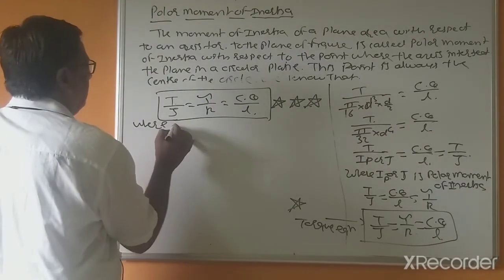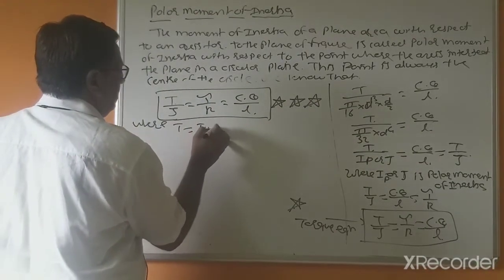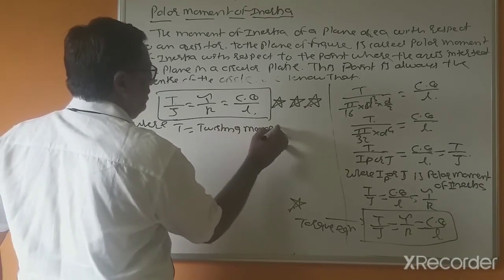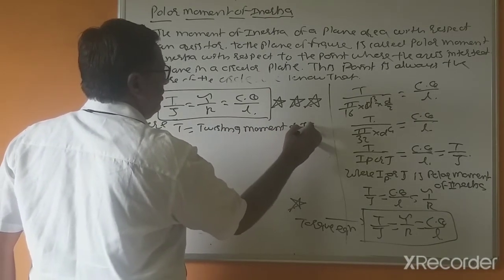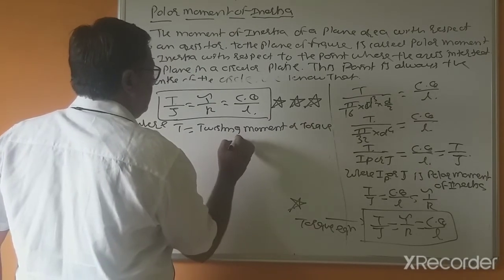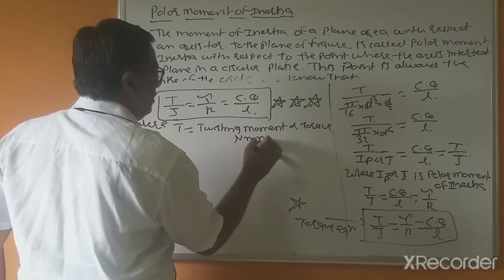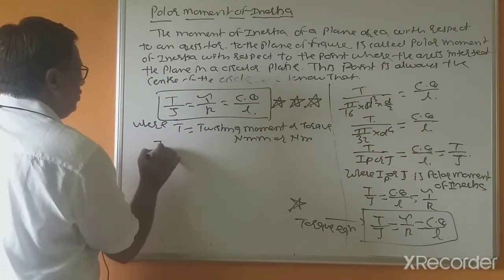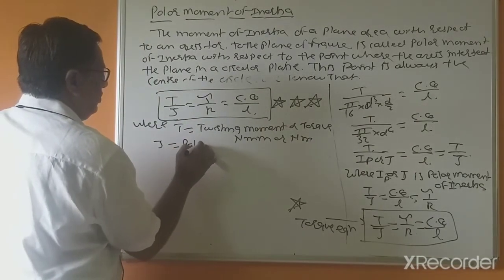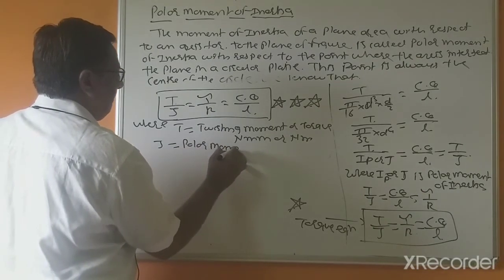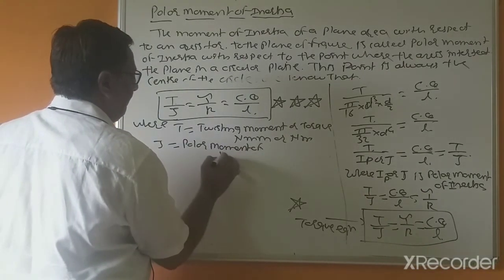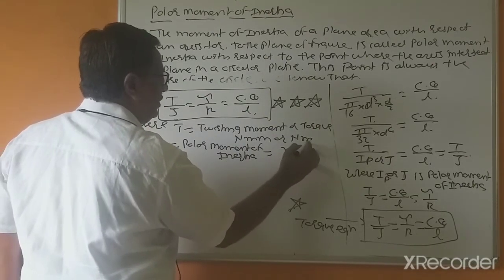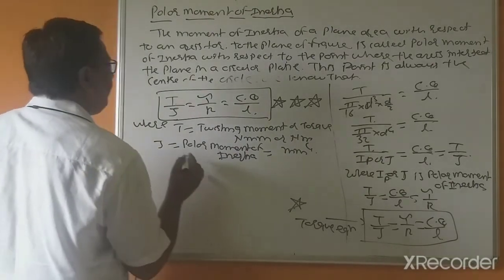Where T is the twisting moment or torque, this is in Newton mm or Newton meter. J is polar moment of inertia, unit mm raised to 4.